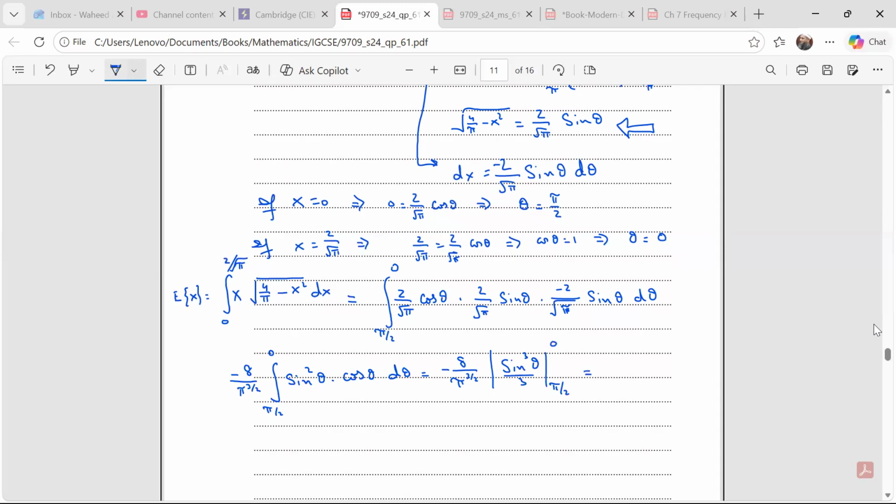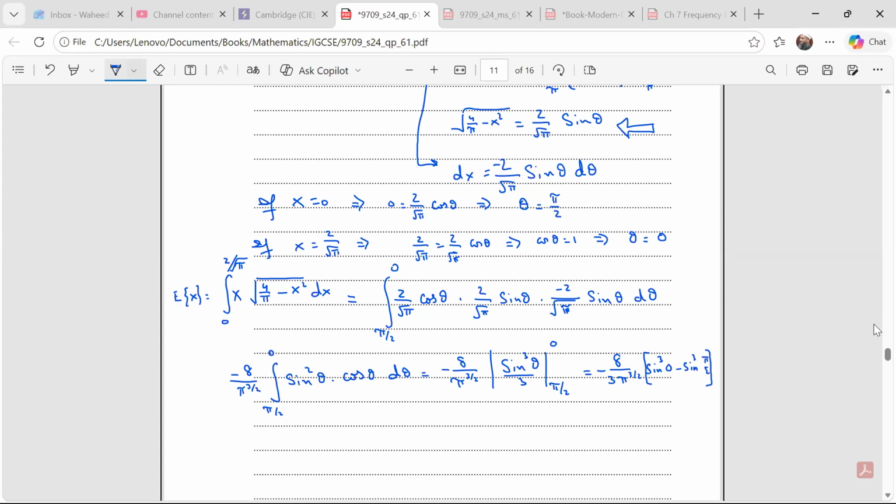Okay, I hope that everything is clear. So this would be minus 8 over 3 pi to the power 3 by 2. And now when I put the limits, it is going to be sine cube 0 minus sine cube pi by 2.